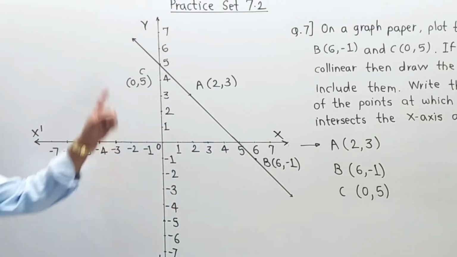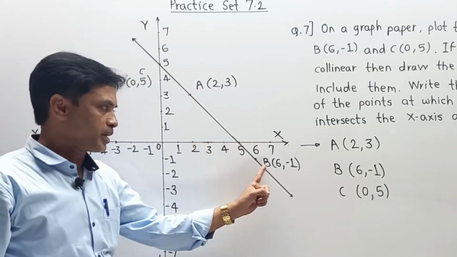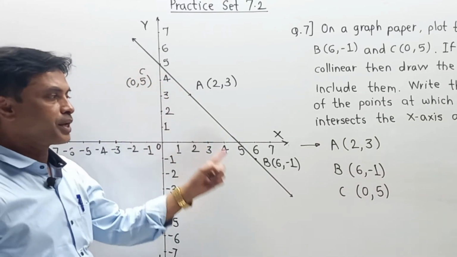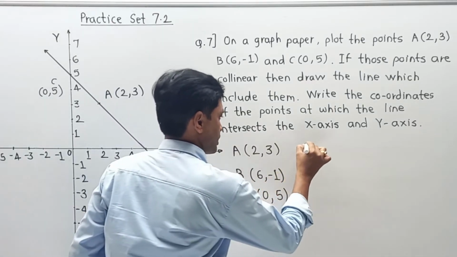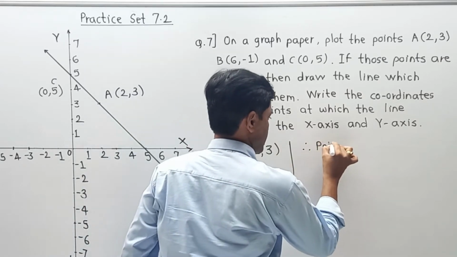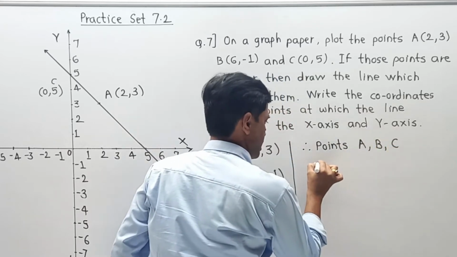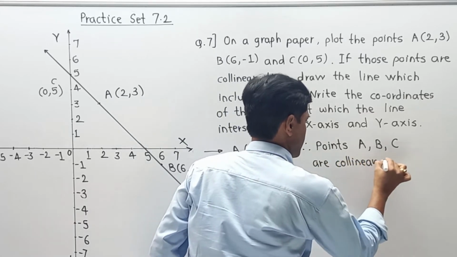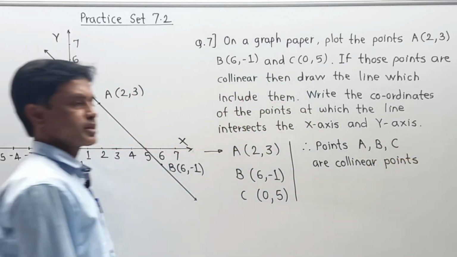So as a common straight line passes through the first point A (2, 3), B (6, -1), and C (0, 5), then definitely points A, B, C are collinear. That is the first part of our answer.